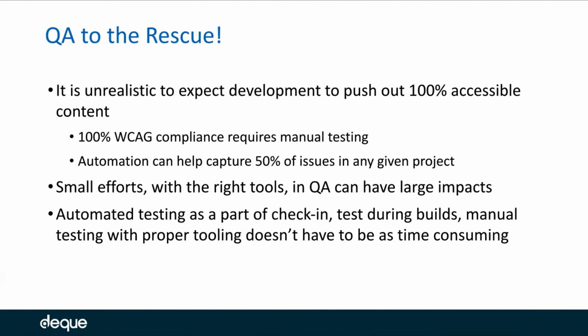And for those manual testers, again, using the right tool can help breed the consistency and efficiency that you need to keep up with the pace of testing. So leveraging proper tooling as part of a QA process to test for accessibility is a big deal, and it's a big part of making it a sustainable practice.